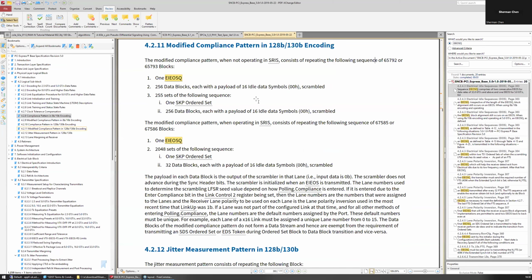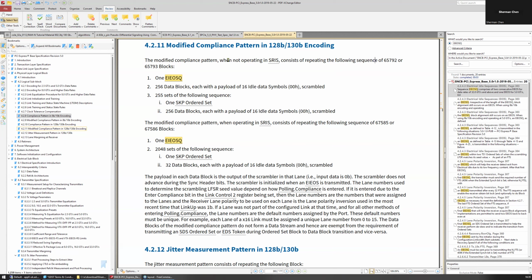Each of them is just 16 scrambled idle symbols, and the last portion of the pattern consists of 225 sets of this sequence. Each sequence contains one skip ordered set, followed by 226 data blocks, and each block contains 16 scrambled idle symbols.